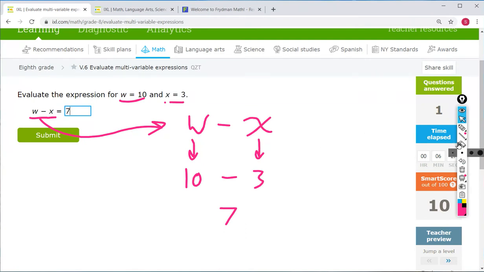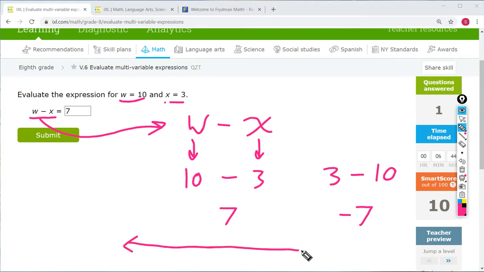Keep in mind, what if we had it this way? What if we had 3 minus 10? What would that be? That would be a negative 7, right? Because over here, if I do a number line, if this is 10 and then I go 1, 2, 3 spaces to the left, that would put me on 7.